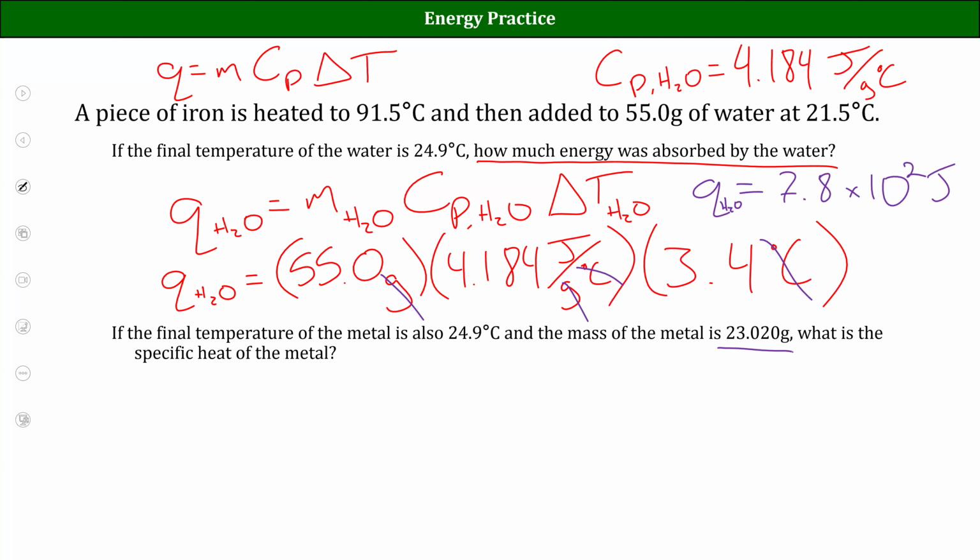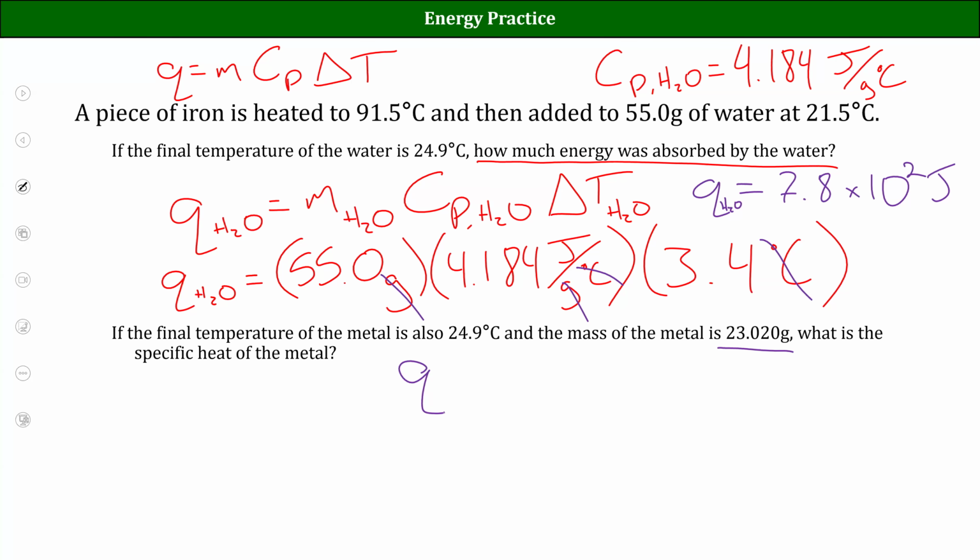From the metal. Again, this is review for those of you who were in lab on Monday. What does that mean we can say about Q for the water versus Q for the metal? It's the inverse. It's been a long time since I took a math class, but I'm going to say it's the negative.